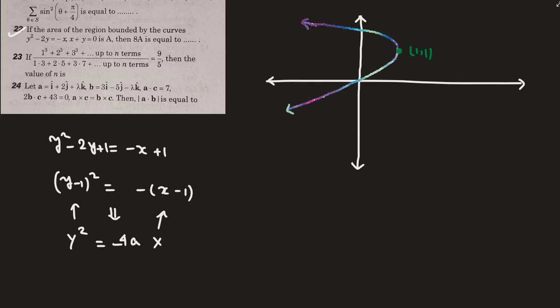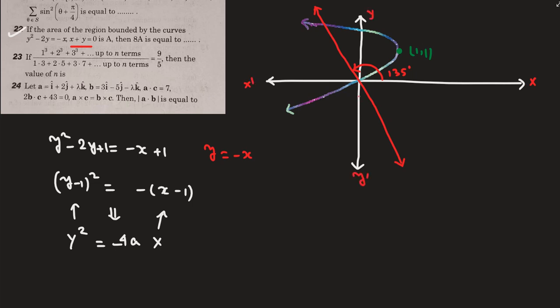Another curve is x plus y equal to 0, so y equal to minus x. This is a line which cuts the parabola at 2 points and passes through the origin, making a slope of 135 degrees with the positive direction of the x-axis. 135 degrees is the angle of inclination of this line.